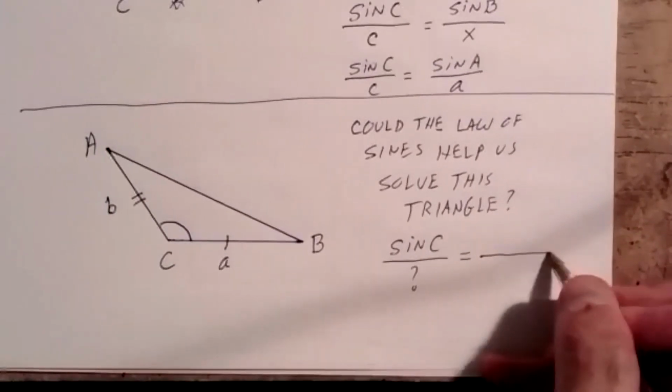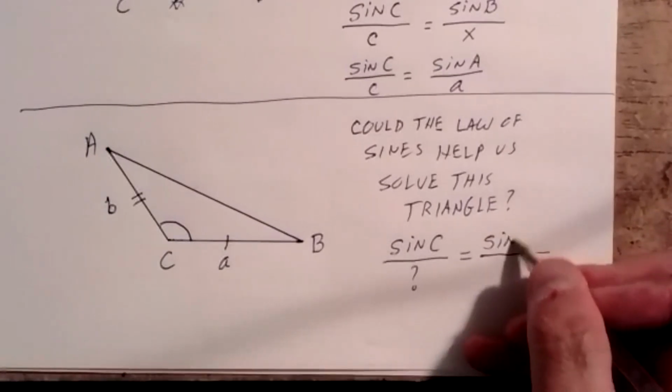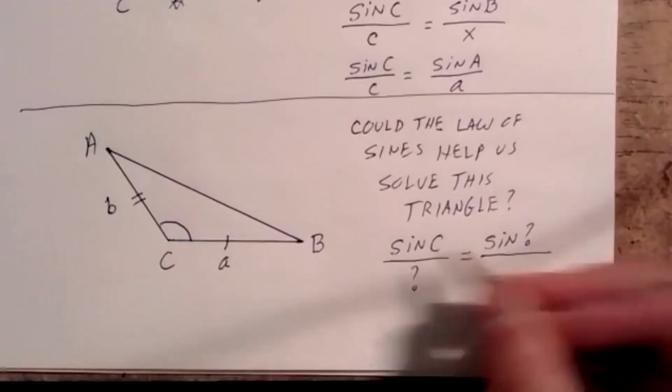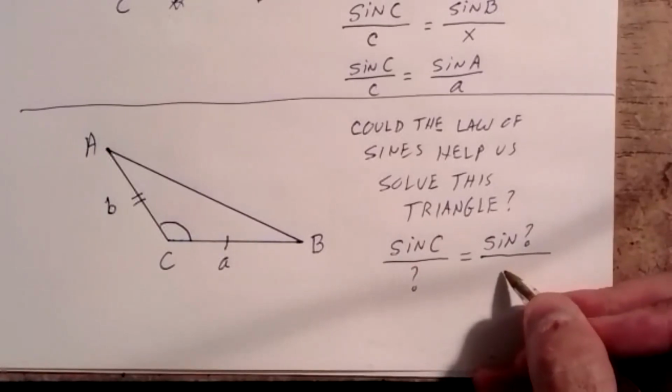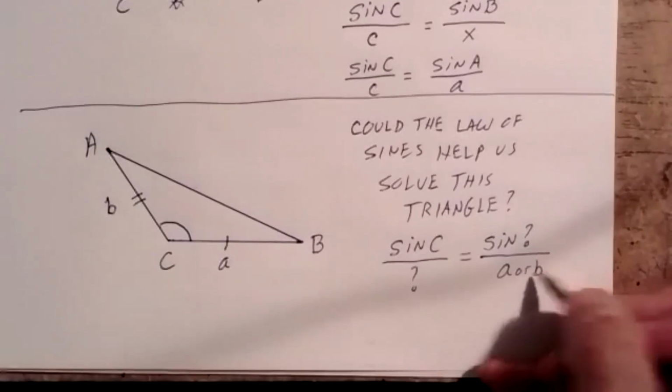But then you'd have to have something over here, like the sine of angle A or B, but we don't know what angle A or B are, regardless of knowing the length of side A or B.